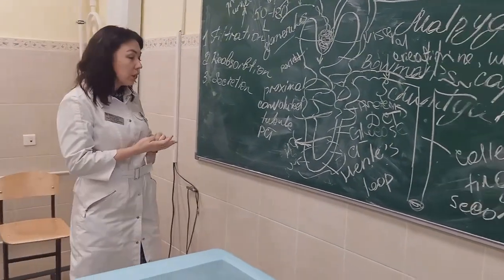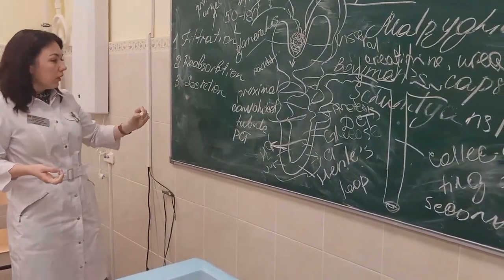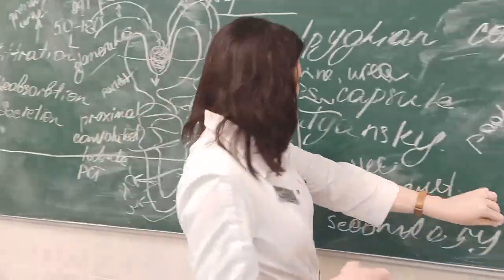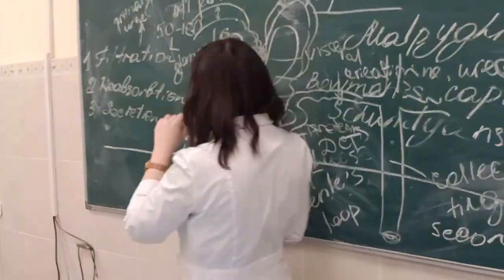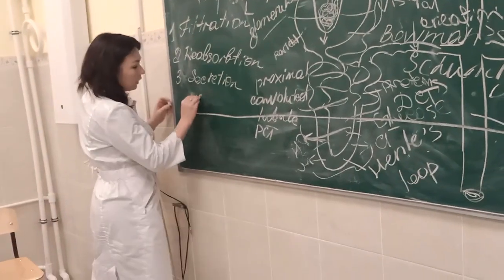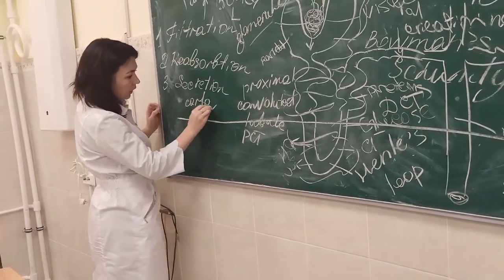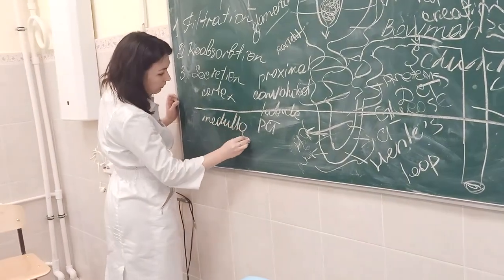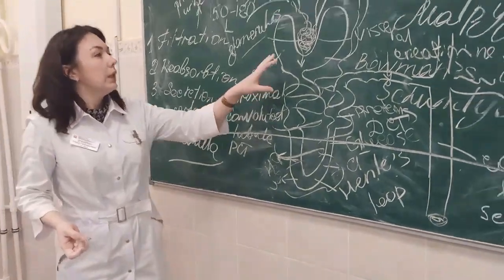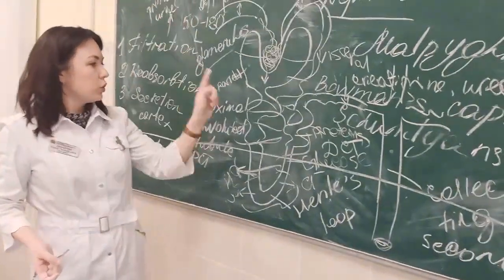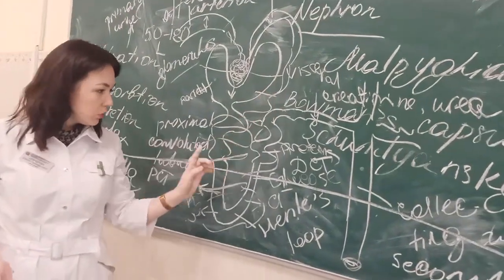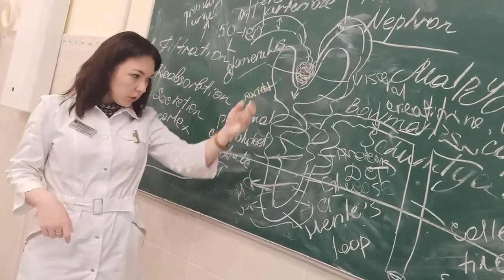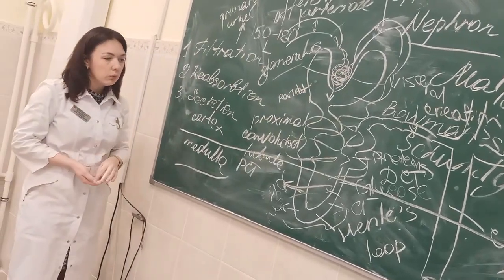And now, if we draw such a line, we will see which structures of the nephron are located in the cortex and which in the medulla. So the renal corpuscle, together with the proximal and distal convoluted tubules, are located in the cortex, in the radiate and convoluted parts.